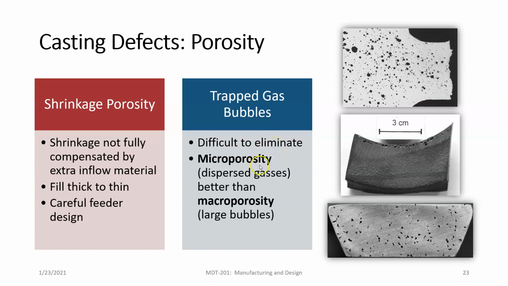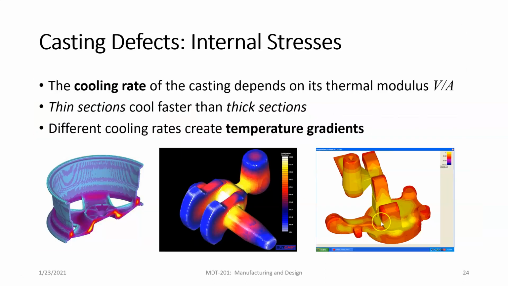Microporosities or dispersed gases are better than macroporosities, large bubbles, right? Microporosities, which are basically small little gas bubbles, are better than large gas bubbles. Maybe this is an obvious thing, but small gas bubbles are better than large gas bubbles. No gas bubbles is best, obviously, because all these gas bubbles are going to be points of weakness, right? You don't want the landing gear on your airplane to have these porosities in it.